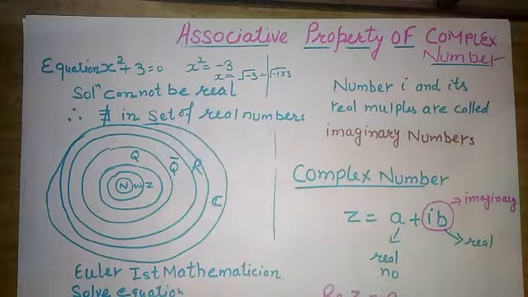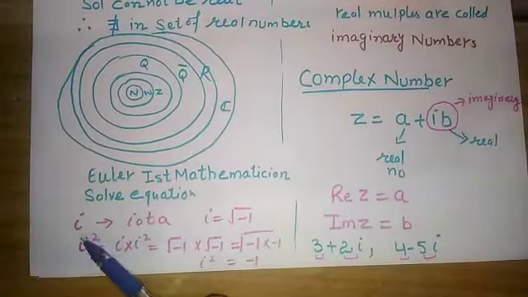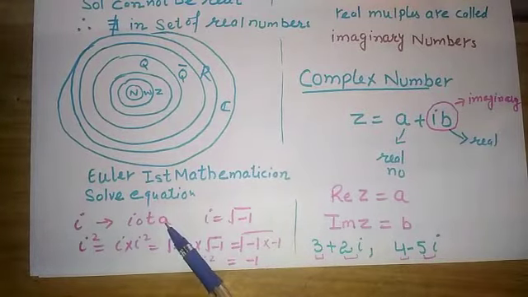That's why Euler, the first mathematician, solved this type of equation using a new symbol, iota. It is denoted with i, and its name is iota.